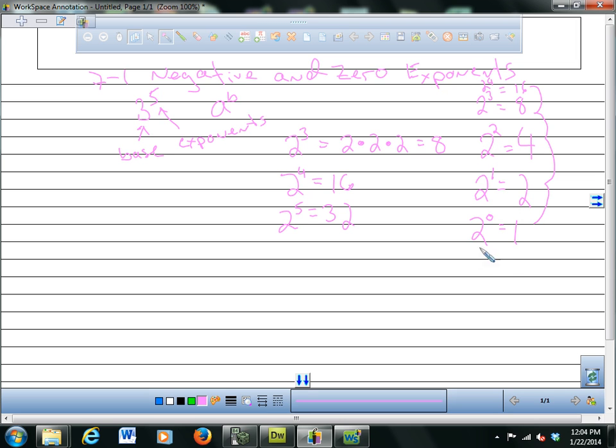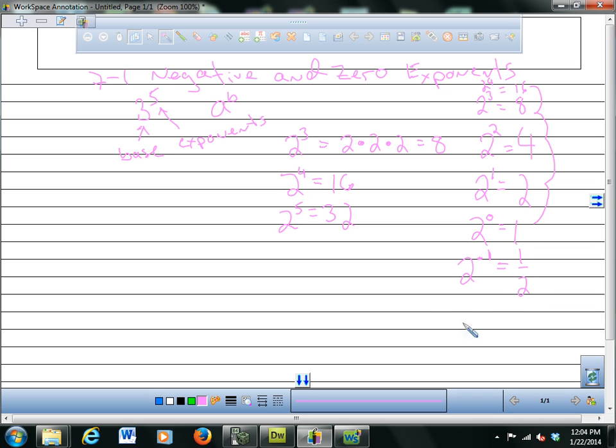If I went down 1 more power, what do you think that would be? What's 1 divided by 2? 0.5, or another better way to write that is 1/2.